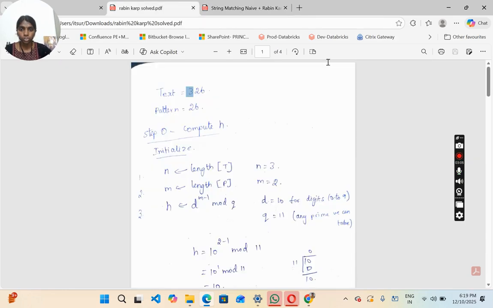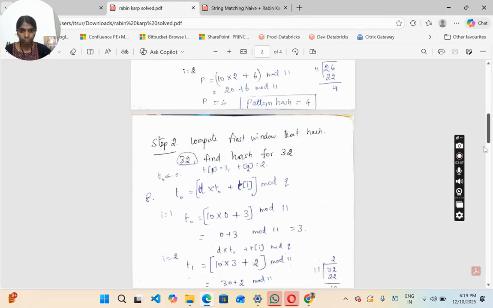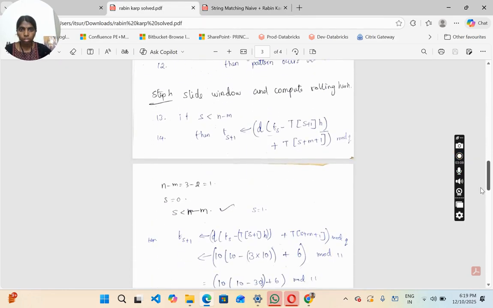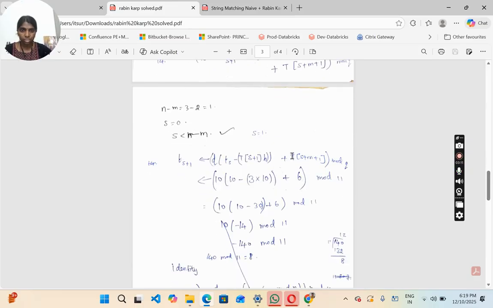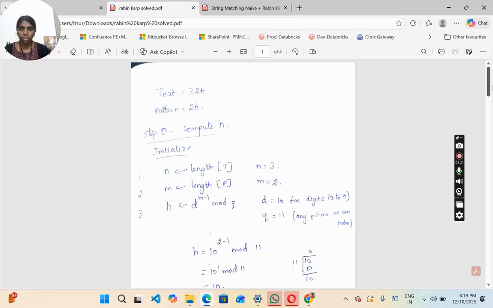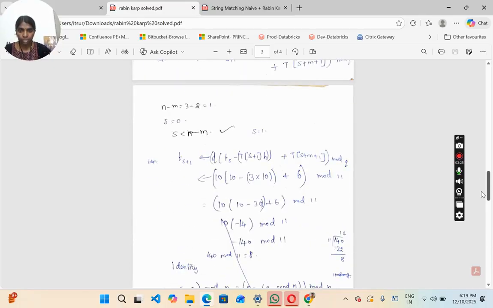If we see here, we are adding 6 for this value, and then we are going to minus the hash value for 3. So 3 into, initially we have calculated one h value, d power m minus 1 mod q, that value is 10. That value we are entering here.